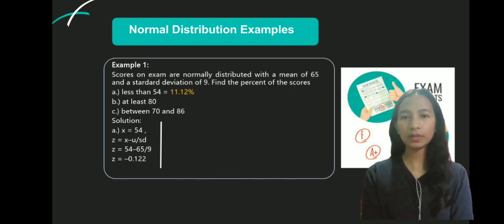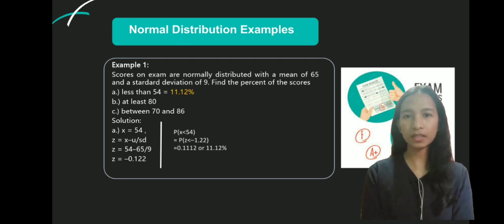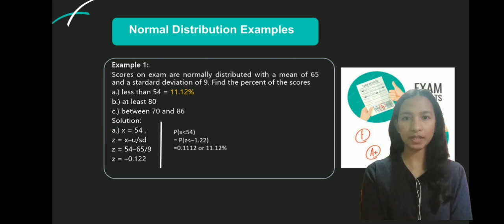Plugging in the values, we get z equals (54 minus 65) divided by 9, which equals negative 1.22. Next, we use the standard normal distribution table to find the cumulative probability associated with the z-score. In this case, the cumulative probability for z equals negative 1.22 is 0.1112 or 11.12%. Therefore, the percentage of scores that are less than 54 is 11.12%.